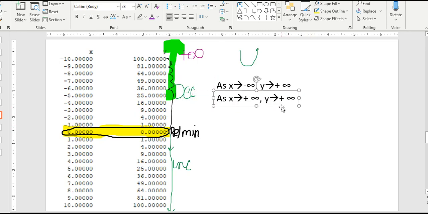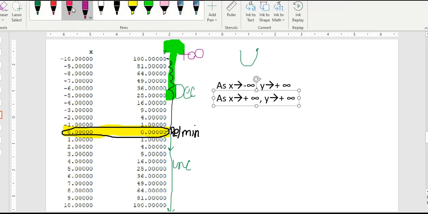And let's take a look at symmetry. Symmetry is if there is mirroring going on in the table. So if there's a number above and a number below. If we look here where 0, 0 is, we have 1 above and 1 below, and then 4 above and 4 below, and then 9 above and 9 below, 16 above, 16 below.